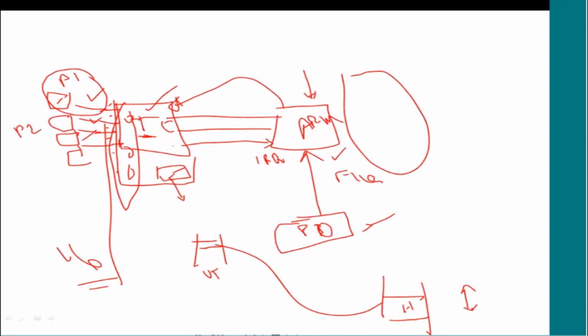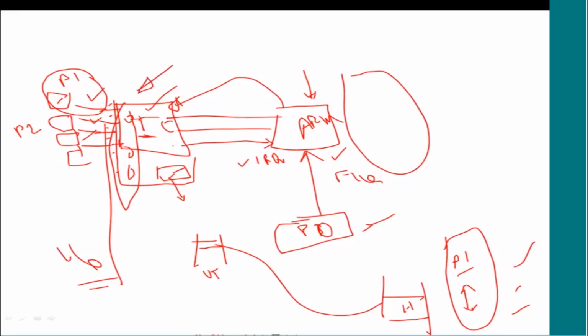Let me serve P1 first, and in the meantime it will enable the IRQ and then go back. So what happens if one more interrupt is pending? It will again generate the interrupt, or the handler could finish all the handling of all the interrupts and then go back. So it is all left to the individual implementation of the handler and the way the controller is programmed.